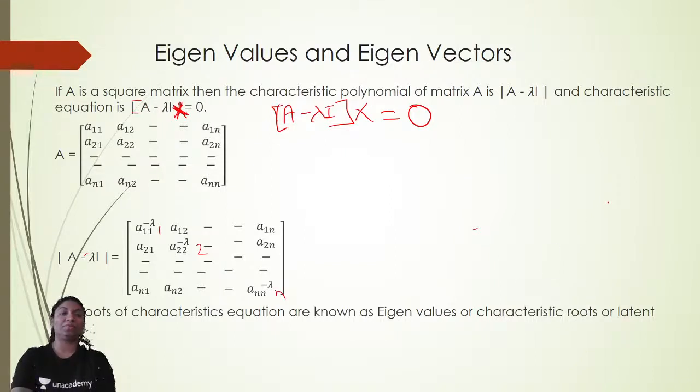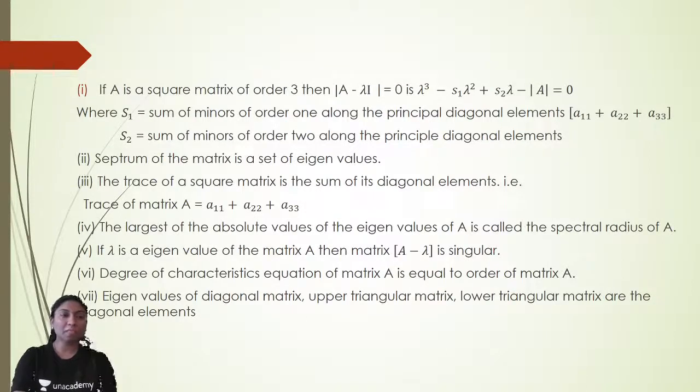Now, for solving such examples, you must also know synthetic division. First of all, these are the characteristic properties, and they are very important while solving examples of eigenvalues and eigenvectors.